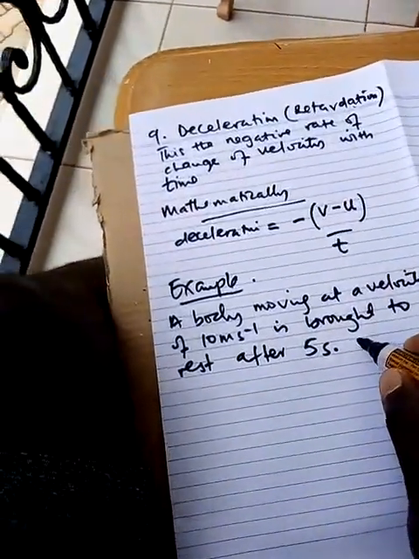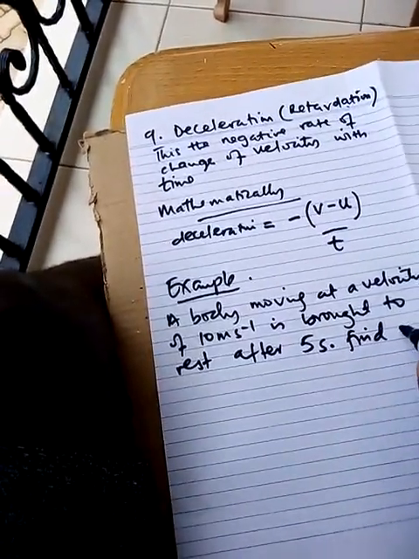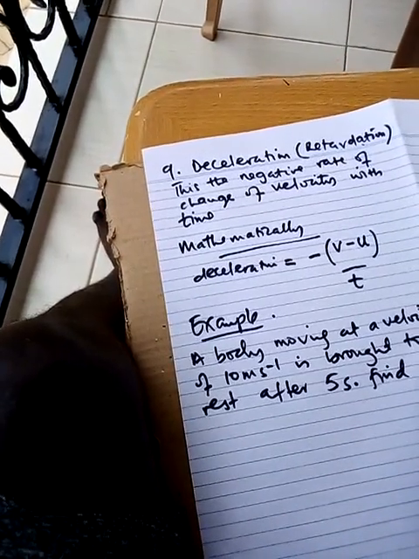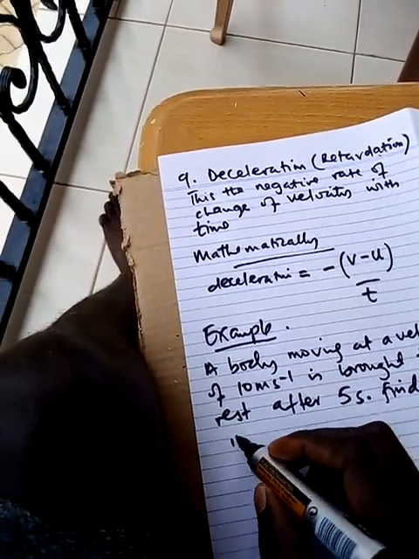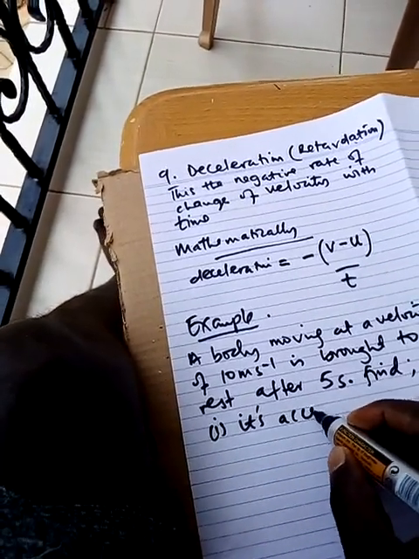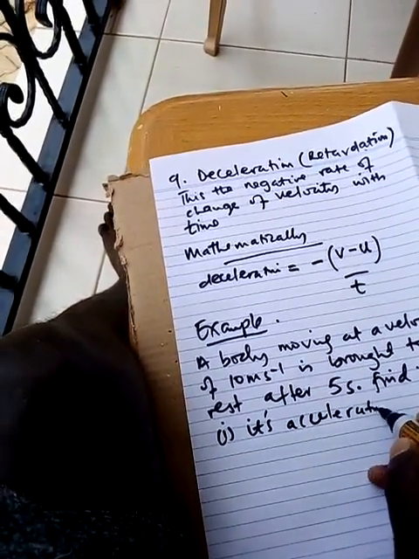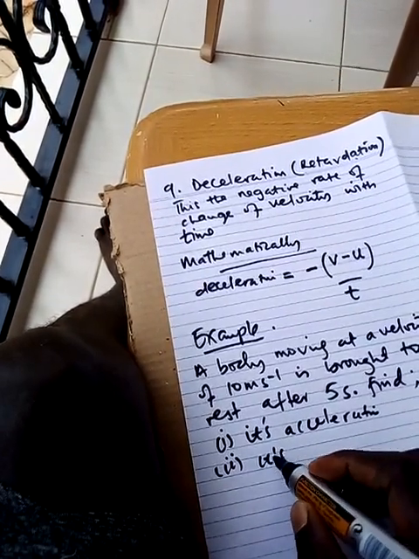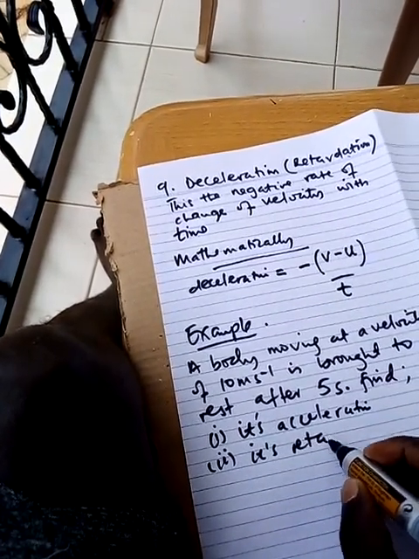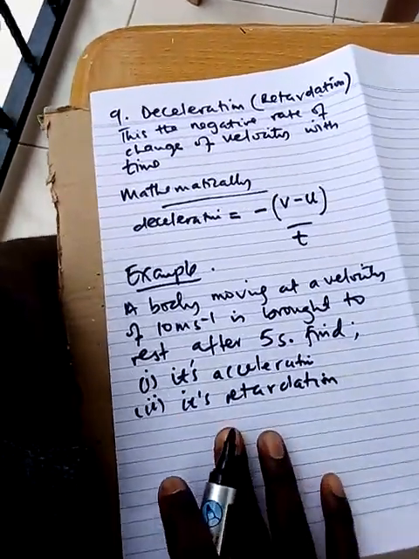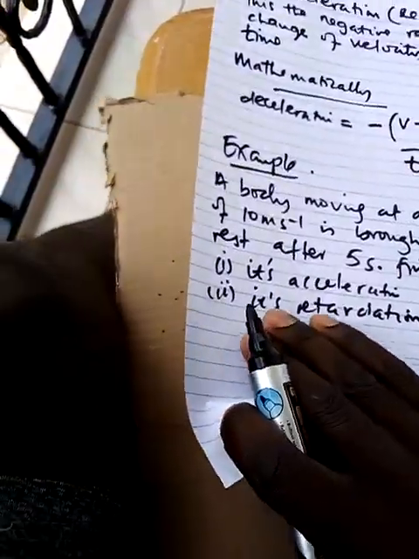Find, Roman number 1, its acceleration. Roman number 2, its retardation.